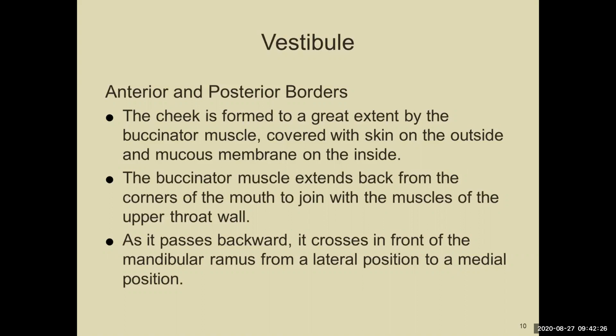The buccinator muscle extends back from the corners of the mouth to join with the muscles of the upper throat wall. As it passes backward, it crosses in front of the mandibular ramus from a lateral position to a medial position. All right, so my friends, this is when I want to shoot myself.